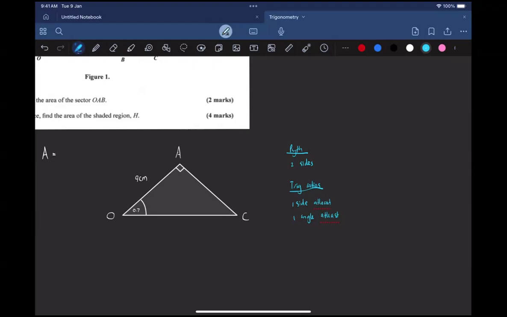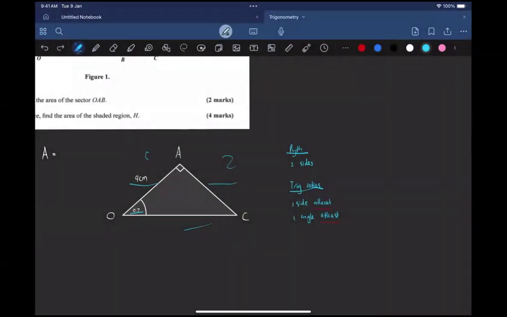Which angle are we going to take? What's the other angle other than the 90? The 0.7. So we have to make this the included angle. For me to make this an included angle, which side do I have to find? Is it this side, or this side? One, two, or three? Three. Correct.